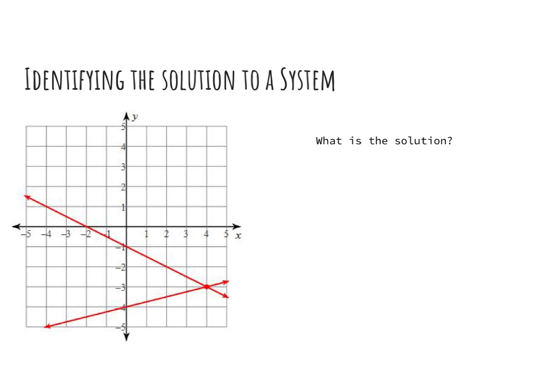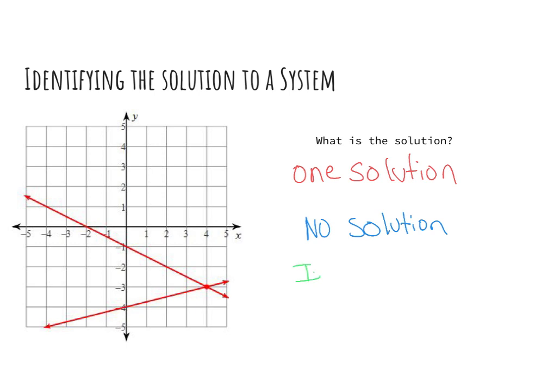We can either have one solution, and that happens when the lines intersect. We can have no solution, and that happens when the lines never intersect because they're parallel. Or we can have infinite solutions, which happens when the two lines actually end up being the same line.